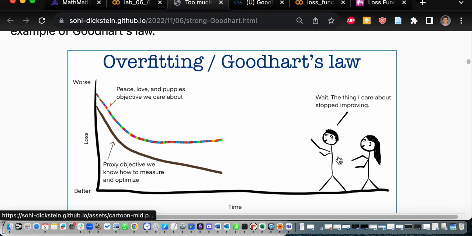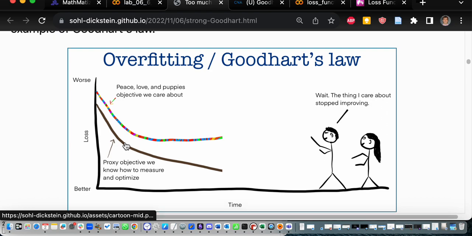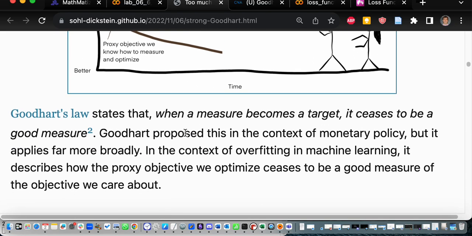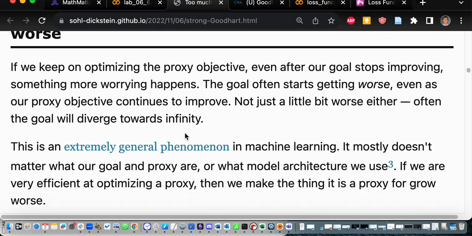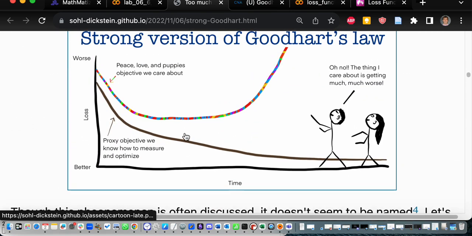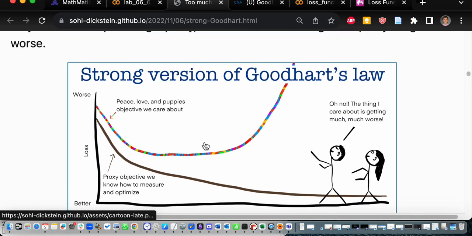The nail factory isn't getting any better, but they are sure making some heavy nails, right? That's what's happening. And then this whole blog post is about the next phase, which is the strong version of Goodhart's law, which is that actually, if you keep going, it gets even worse, right? It goes up, up, up. And this is what you saw with overfitting in the first project, this U-shaped curve, right? And it's very classical in machine learning, but the point of this blog is that it applies to lots of things in real life.